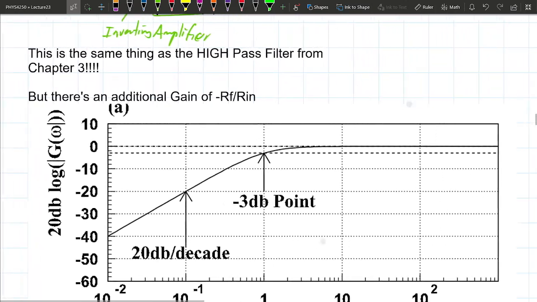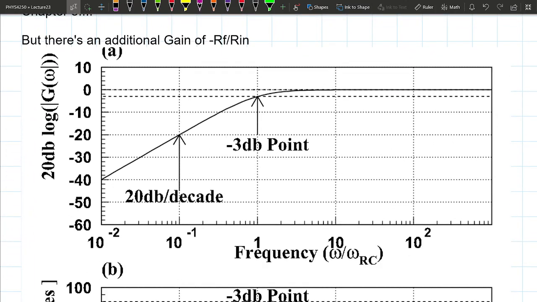And that's what the Bode plot for this output gain looks like. Once again, we're dealing with 20 dB, base 10 log of the magnitude of the gain. So it reaches 1 times RF over RN.